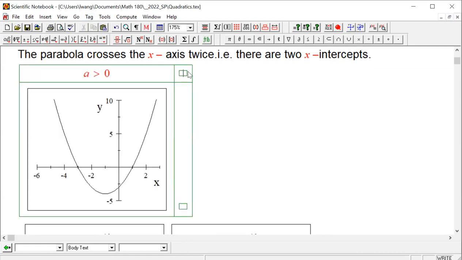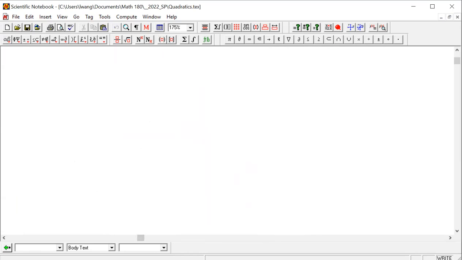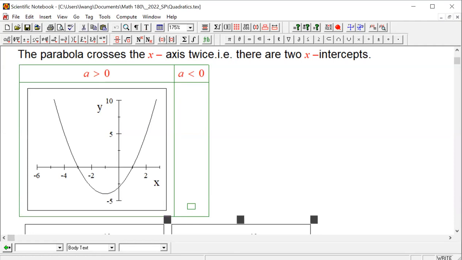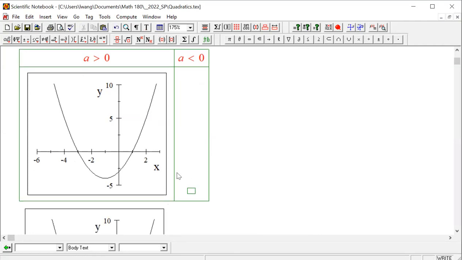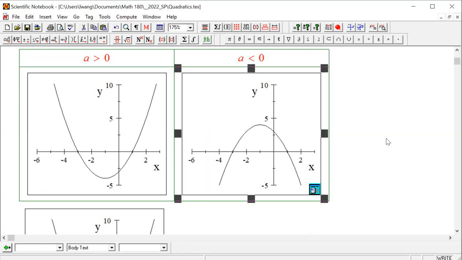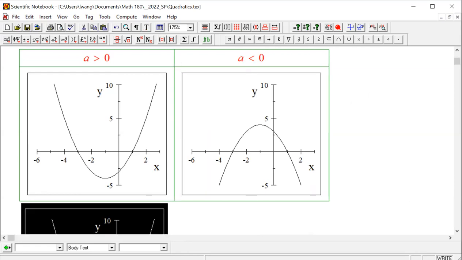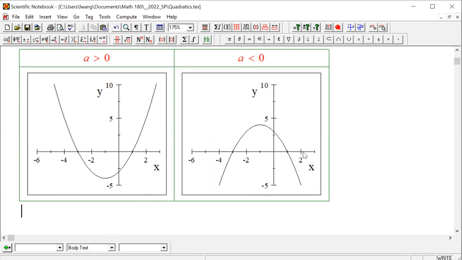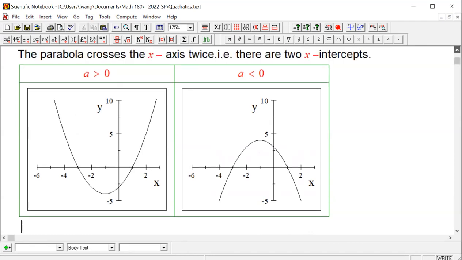The other case is A less than 0, and the parabola opens down. So these are the two cases. In these cases, we have two x-intercepts.